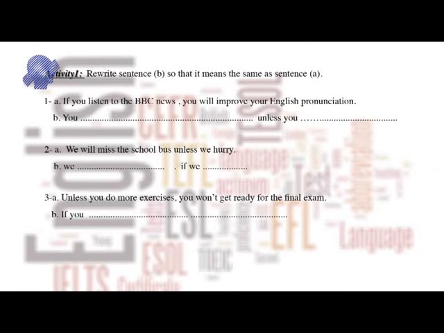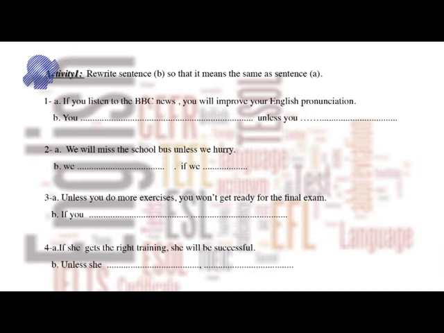Start sentence B with "if you" and go on. And the last one, if she gets the right training, she will be successful. You start the sentence with "unless she" and complete the sentence.